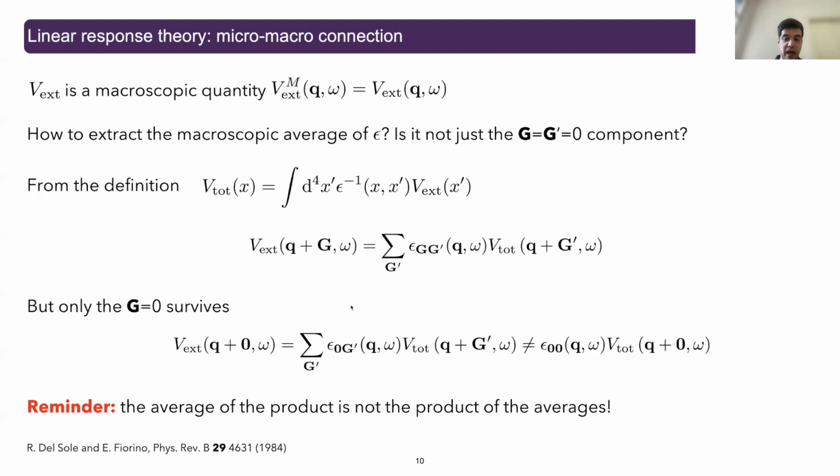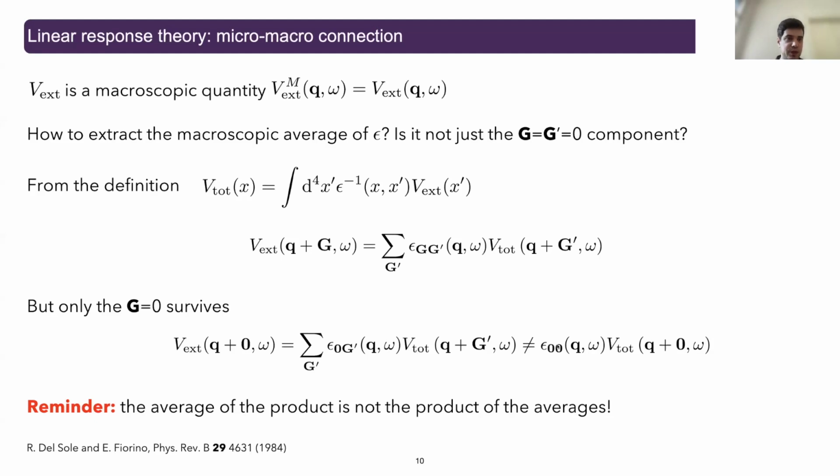For the macroscopic average, only the G = 0 term survives because the external potential is macroscopic, but there is still a sum over G prime left, meaning that you cannot take G and G prime equal to 0. This also serves as a reminder that the average of the product is not the product of the averages.